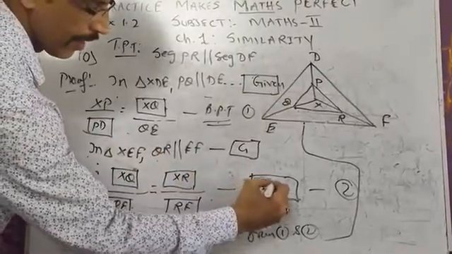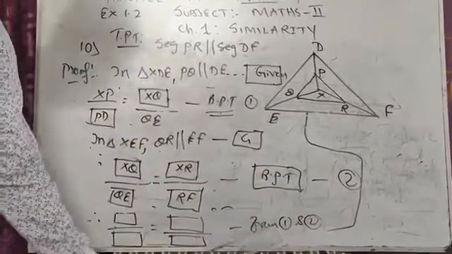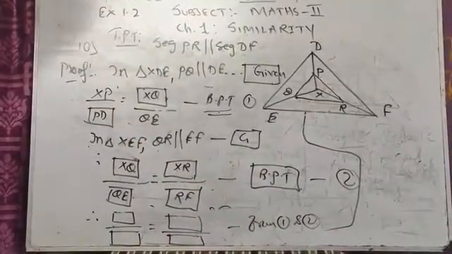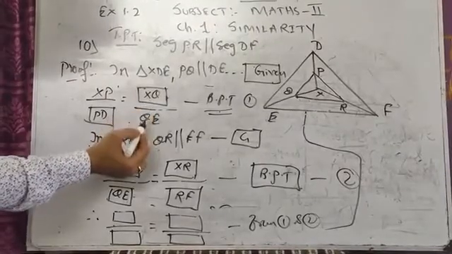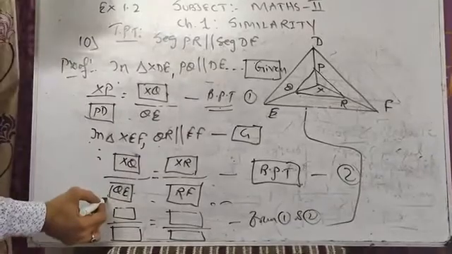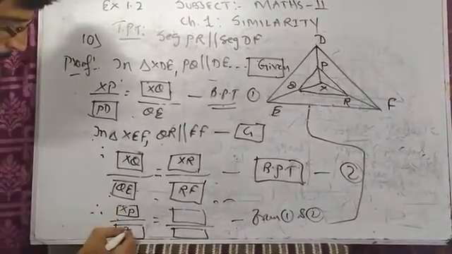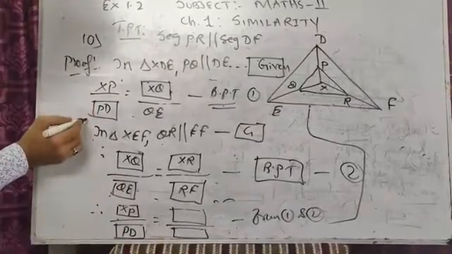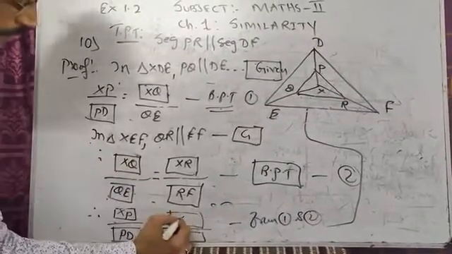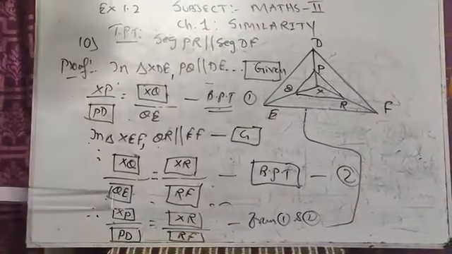The reason will be BPT. Now from 1 and 2, what can you see? You can see here XQ upon QE, and here also XQ upon QE. Both are the same. So automatically you will get XP upon PD is equal to XR upon RF. So where is XP upon PD?